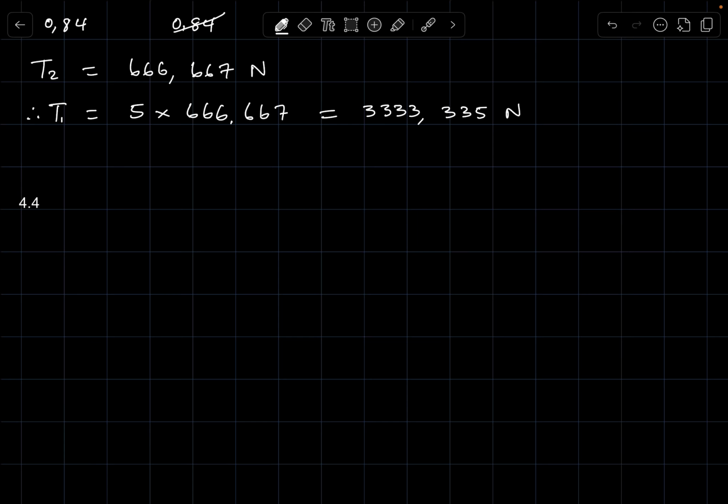This is where you now have to determine the forces that the mechanical systems, in particular the belt drive and the gear drive, are exerting.